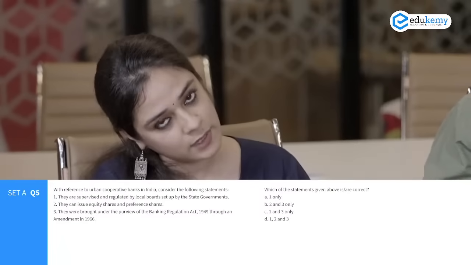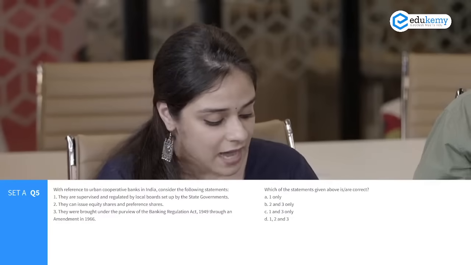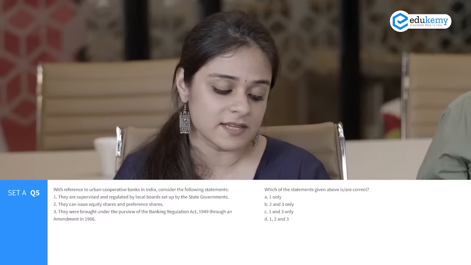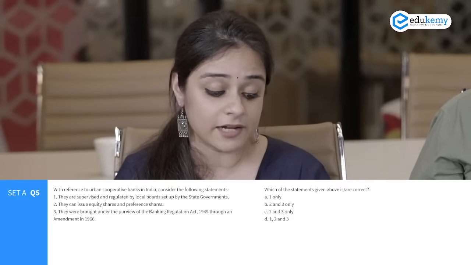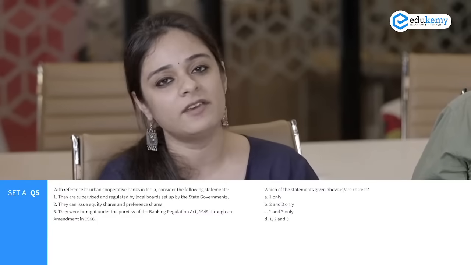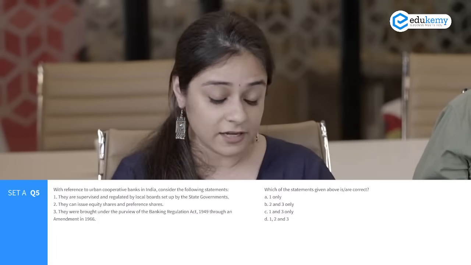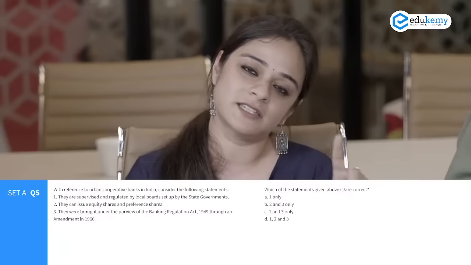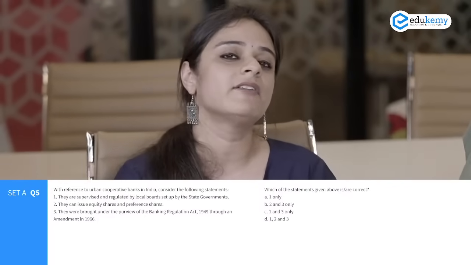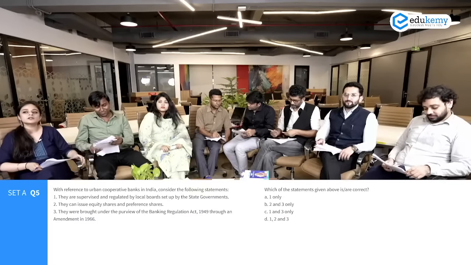There is dual control, and that is where the RBI comes into the picture. If you go through statement one carefully, it mentions that they are regulated by local boards. I don't think local boards come into the picture anywhere, and there itself you can eliminate the option. If you are very sure the first is wrong, you can eliminate A, C, and D, and easily arrive at the right answer. Elimination works in this one as well.